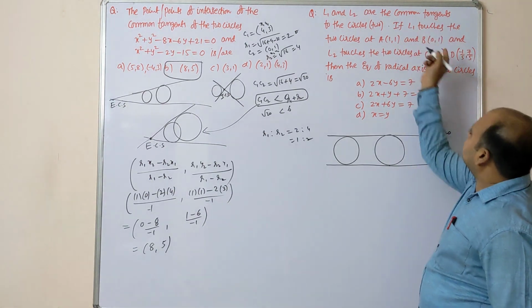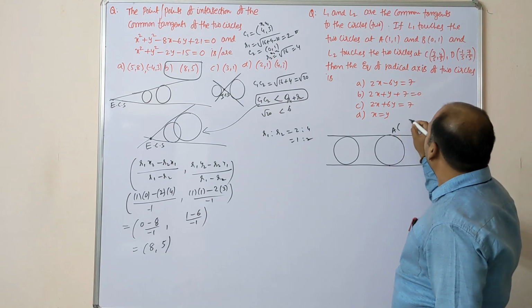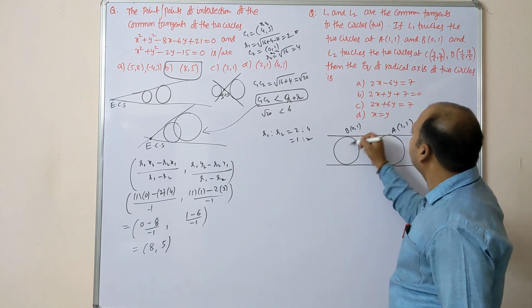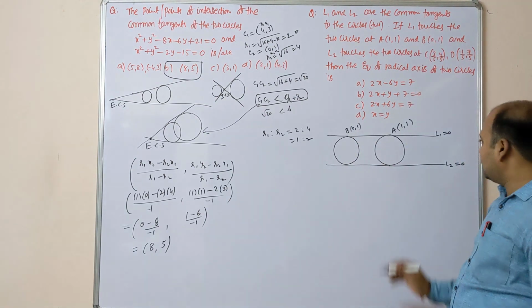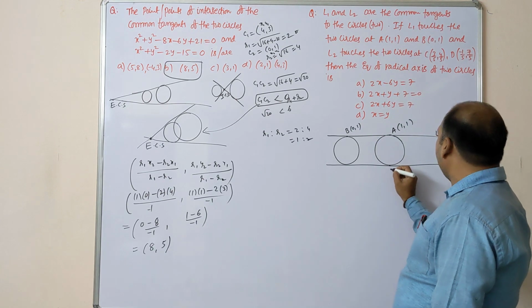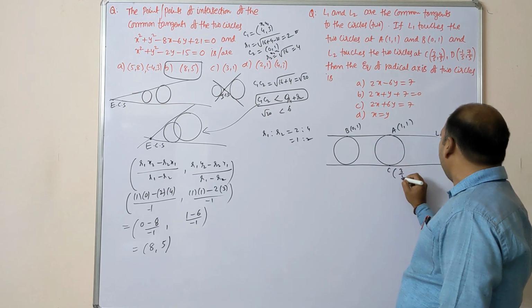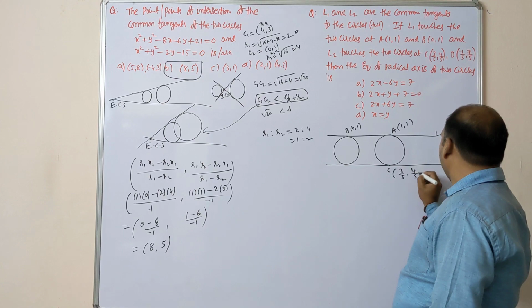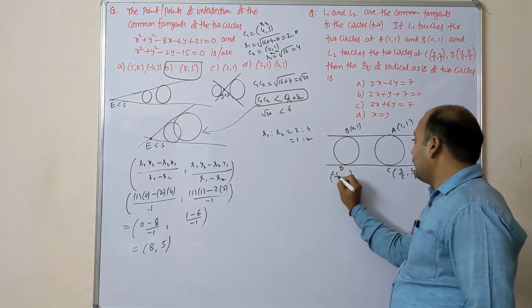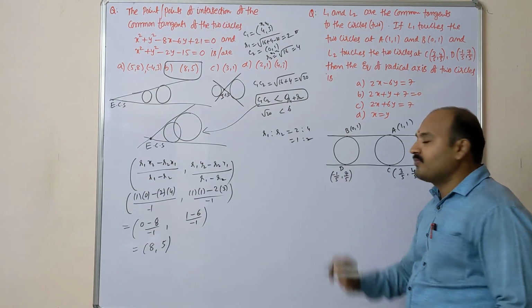L1 equal to 0 touches at points A and B. A is (1, 1), B is (0, 1). Just a rough figure. Again, the two circles touch the line at C, (3/5, 4/5), and here D is (minus 1/5, 7/5).